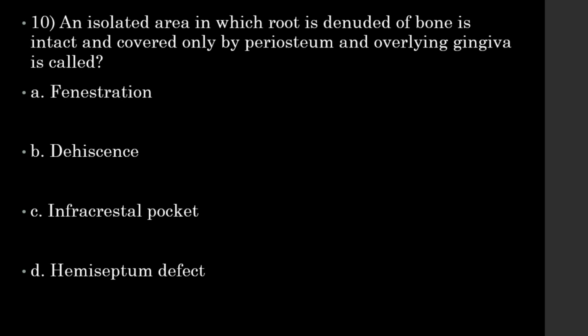What do you think will be the right answer for this particular question? I have already discussed this question on Instagram stories also in previous days. So the right answer is option A, that is fenestration. Begin with the next question. Here it goes on your screen.